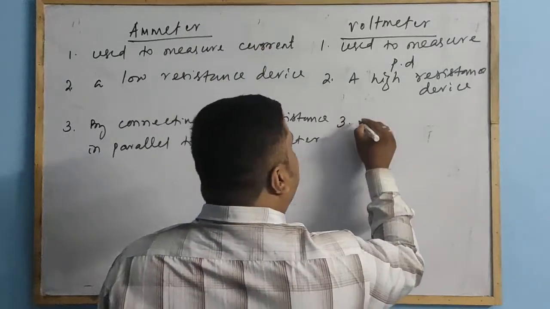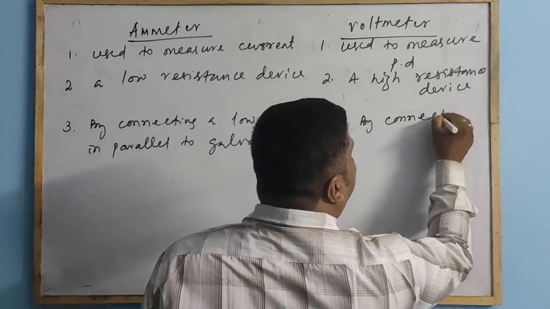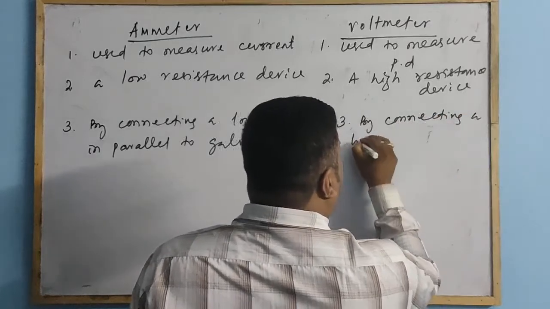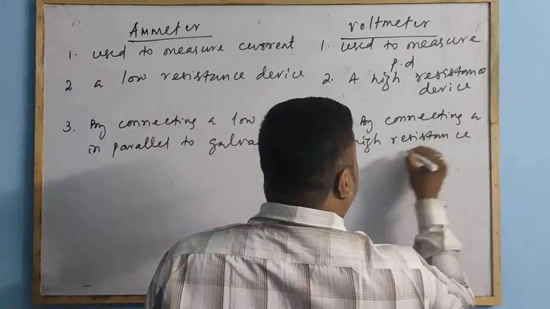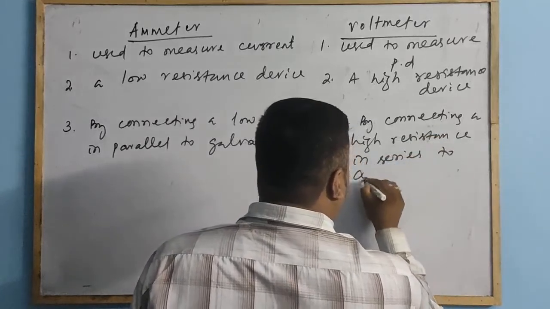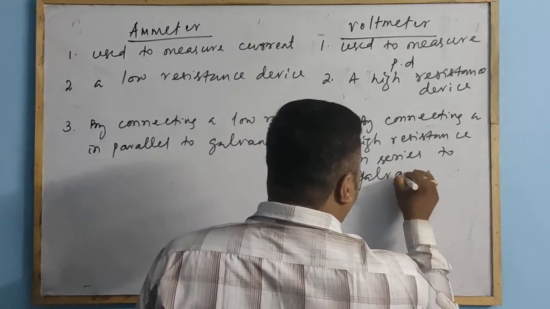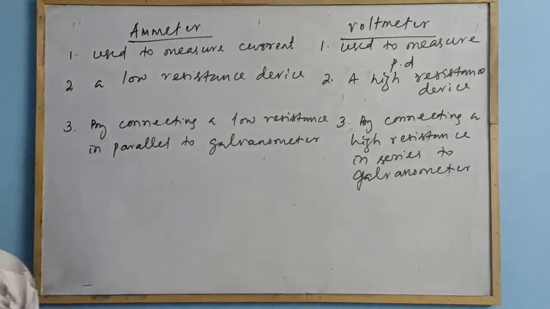Here, by connecting a high resistance in series to the galvanometer, we get a voltmeter.